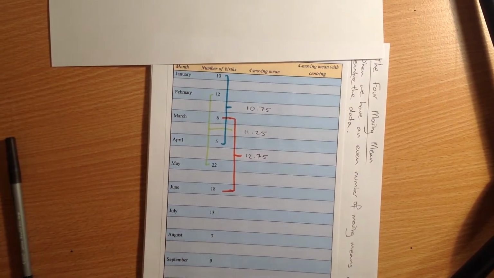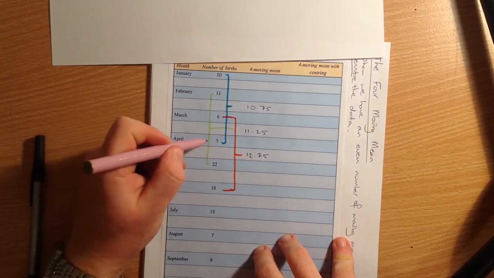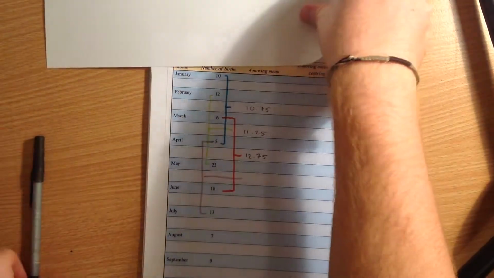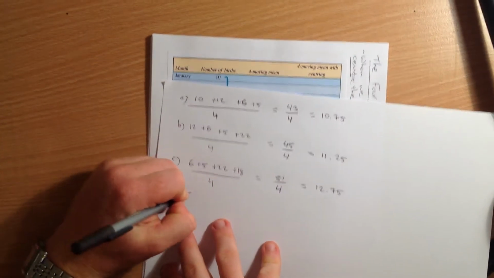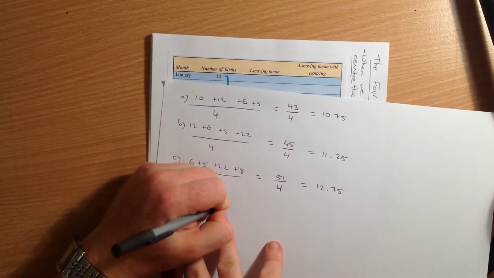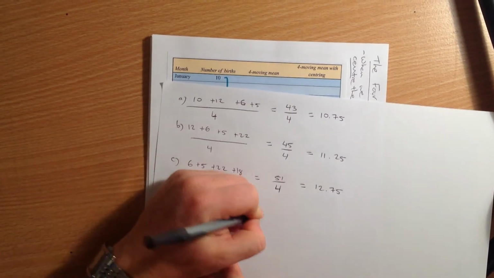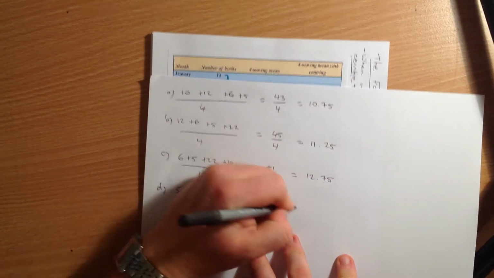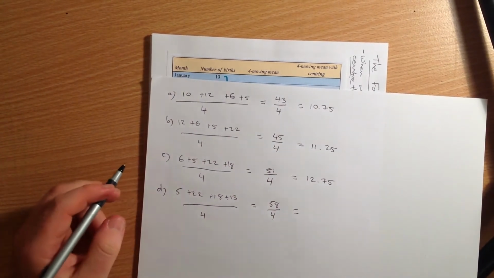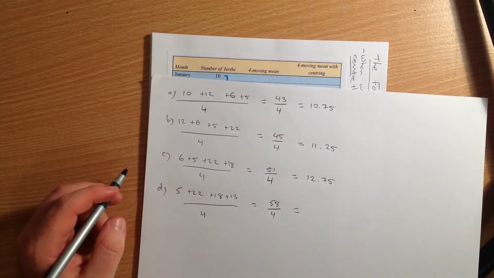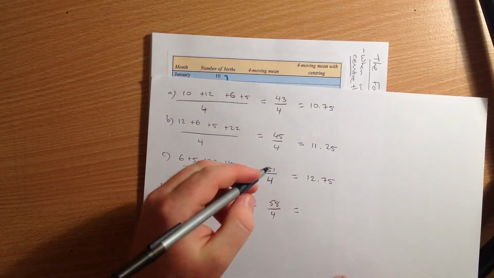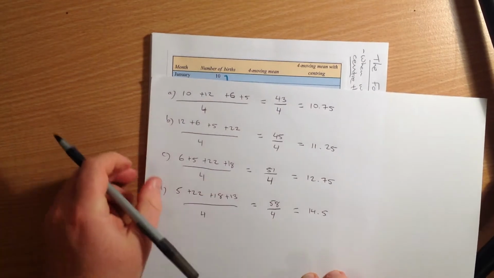We're just going to keep going through that. 5 plus 22 plus 18 plus 13, divided by 4. That's 58 divided by 4, which is 14.5.